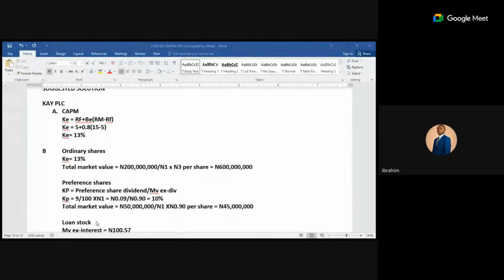Let me quickly answer your question, but you can check it so that you have more understanding of it. You have to convert it. There's a formula for that, and it is equally stated in the material, if you have the material. Don't forget that the material is only available for those who have paid for it.